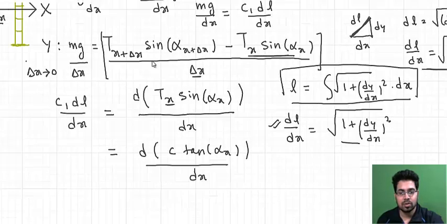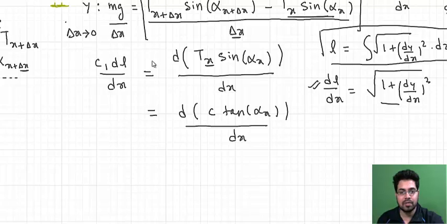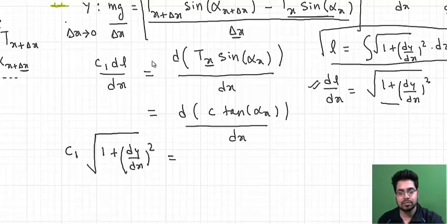So over here I am going to substitute the value of dl by dx. So c1 dl by dx is c1 root under 1 plus dy by dx whole square, and this is equal to c times d of dy by dx, because tan of alpha x is actually dy by dx.